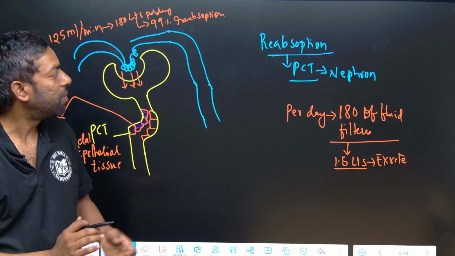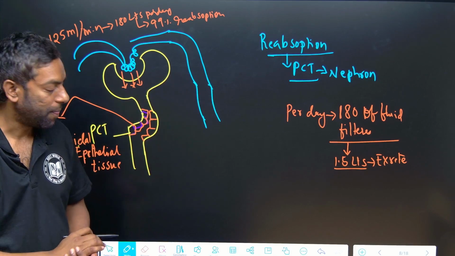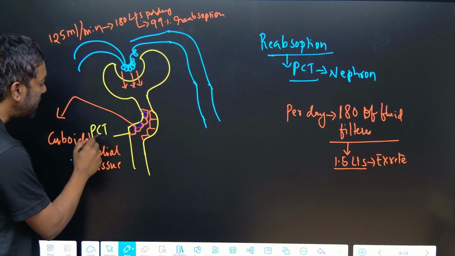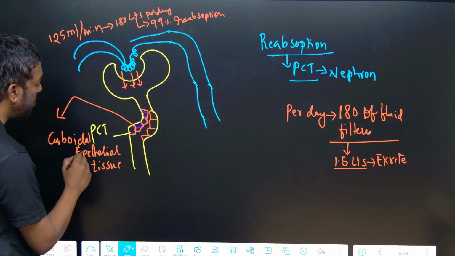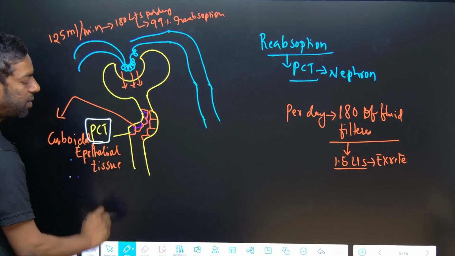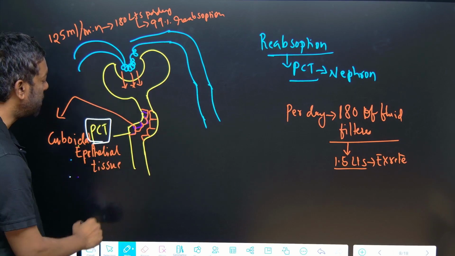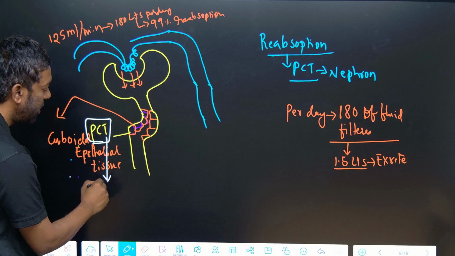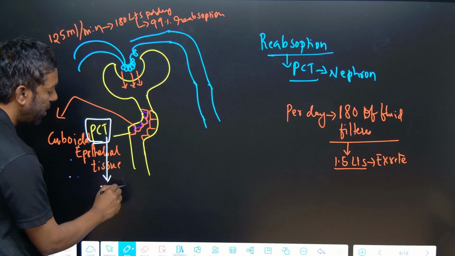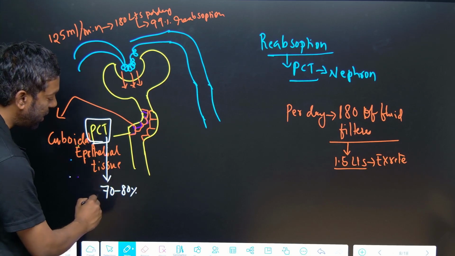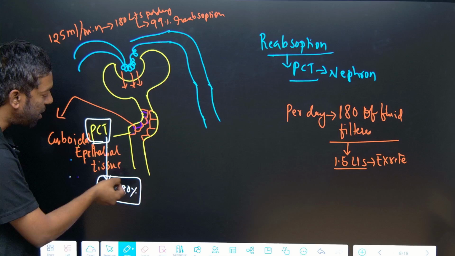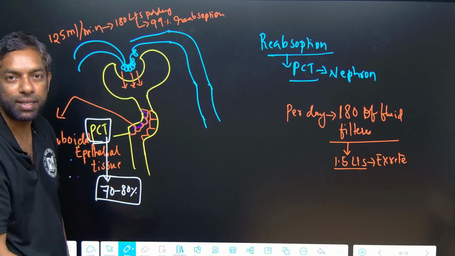The PCT is also involved in the reabsorption. How much? 70 to 80% of that 99%. 70 to 80% reabsorption takes place in the PCT part.